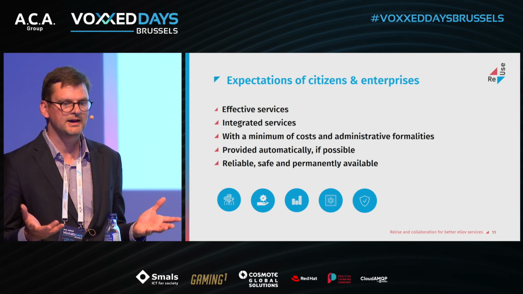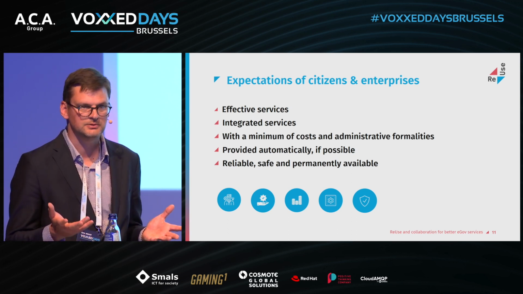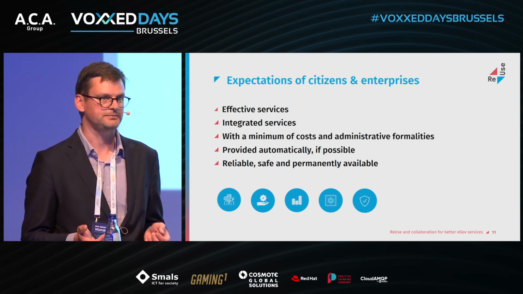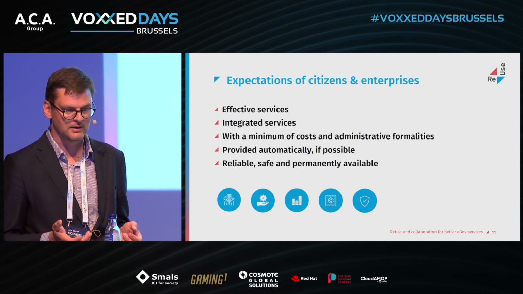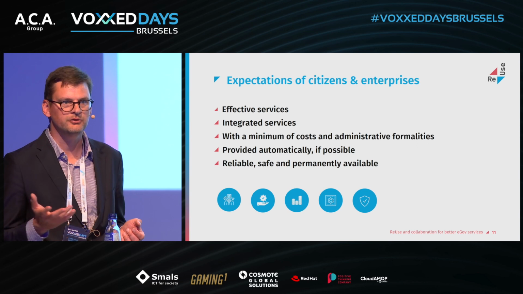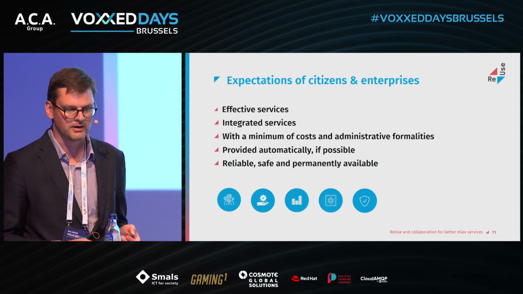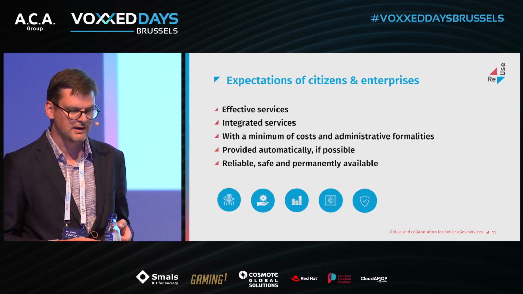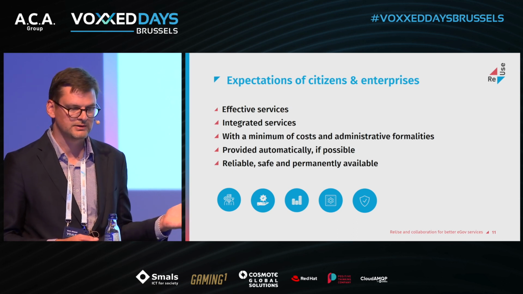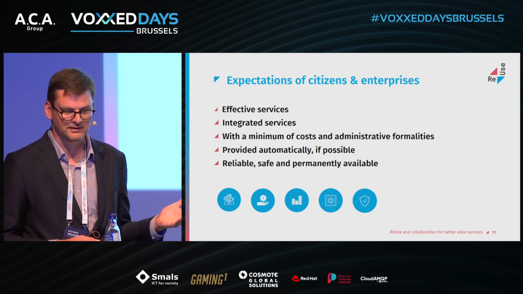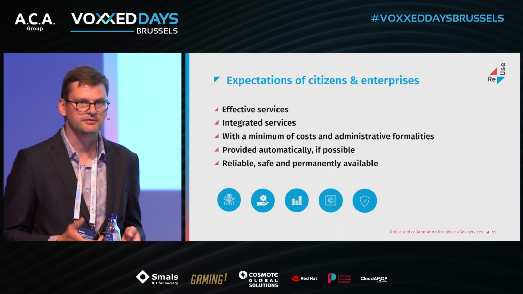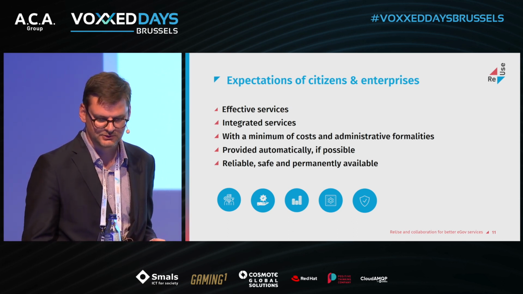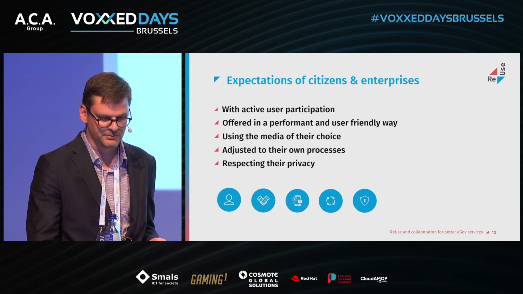Of course, we don't like administrative formalities, and if the government would be able to automate more, it would, of course, be better for the citizens. And services nowadays, there's a big attention on reliability, safety and availability of services. So that's also something that is very important.